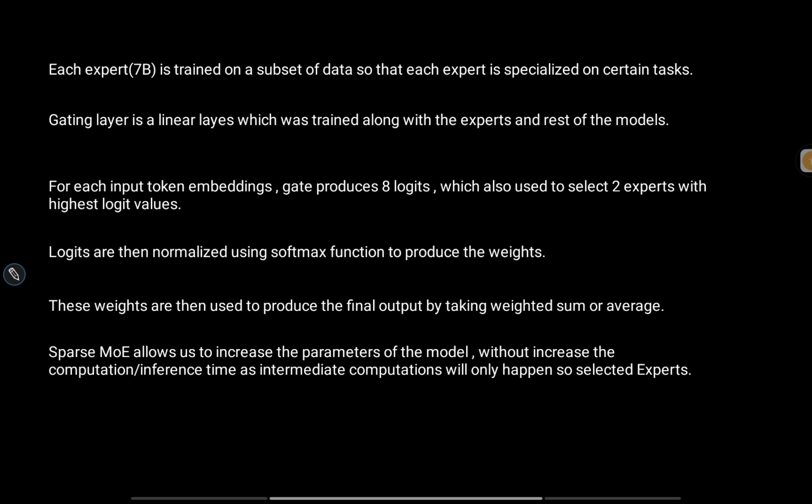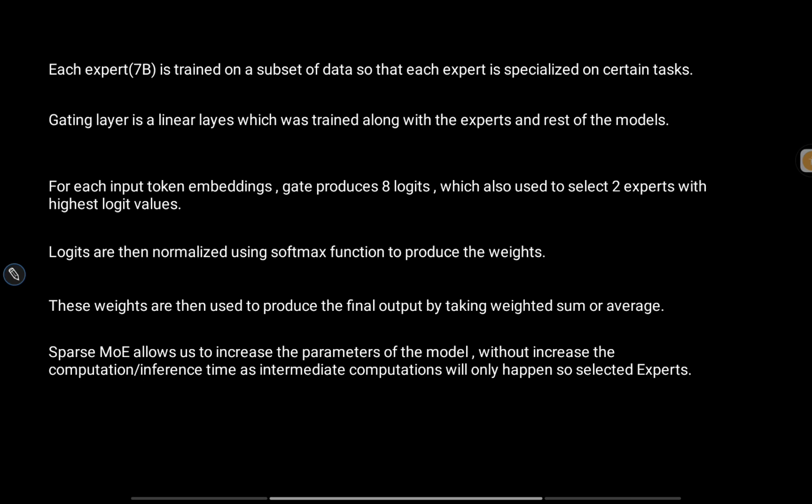They have tried to use that in the mixture of experts in the Mistral model, but the computation and inference time remains the same, because we are only using 2 experts out of those 8, and doing the intermediate steps and matrix multiplications for only those. So the inference time stays about the same despite the increased experts and model parameters.